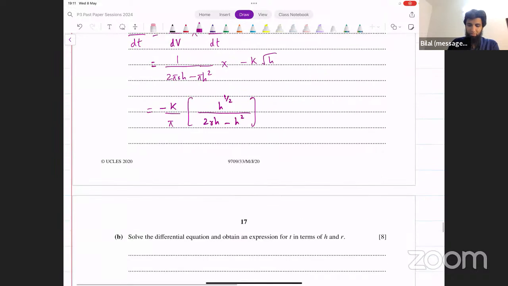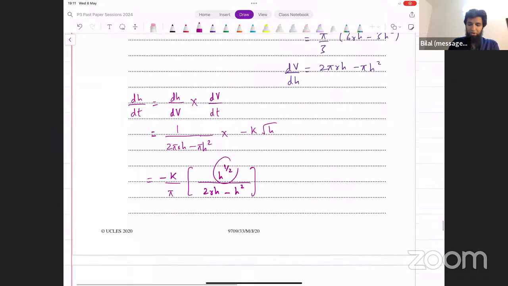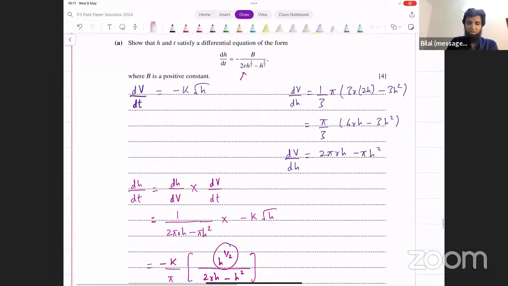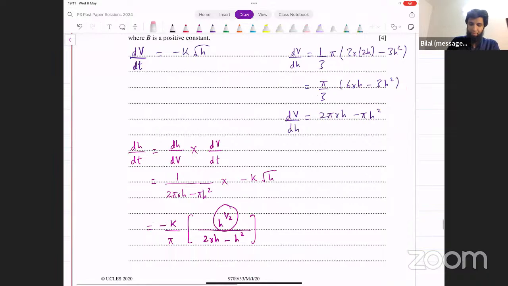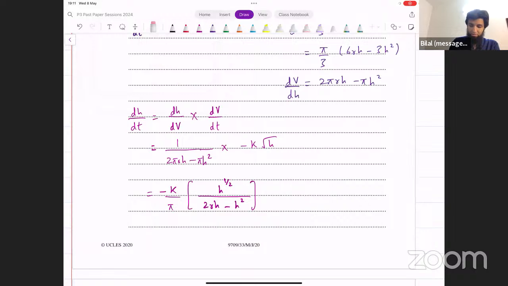Now, this h power 1 over 2, I could take that to the denominator, because in the form they want, there isn't any h in the numerator. So I can take that h to the denominator. If I do that, I can write this as 1 over h raised to the power minus 1 over 2. I've taken this root h to the denominator.